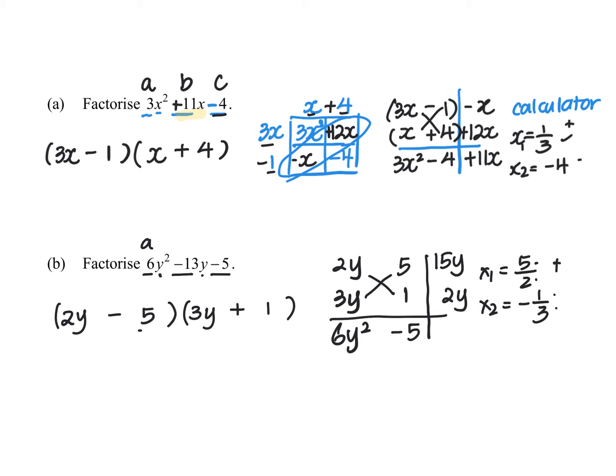I need to get a -13y, so I'll put the negative sign with the larger number, the plus sign for the smaller number. This one -5 and plus 2. Check, -5 times +1 gives you -5. So this is correct. We have our 2 brackets over here, and this one will be the answer.